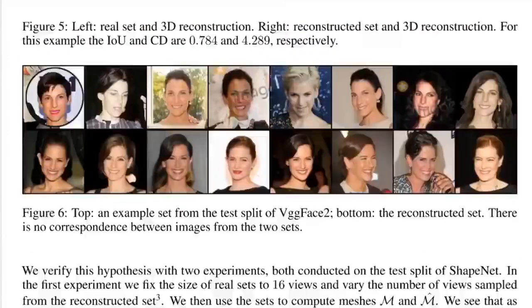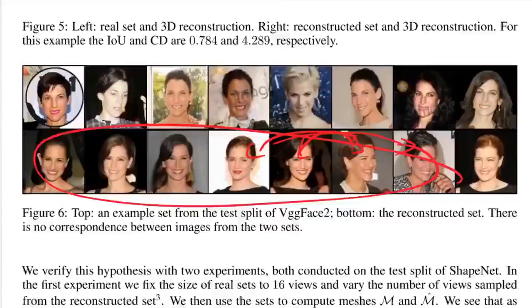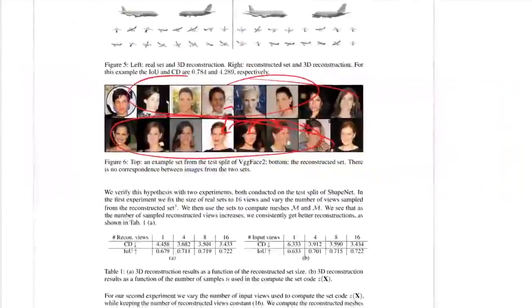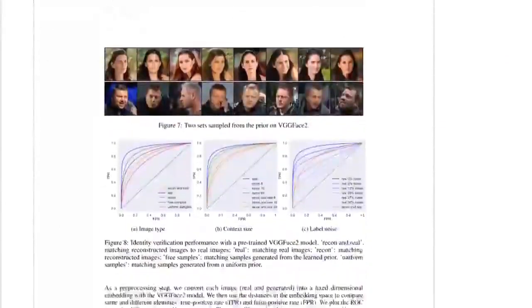You can evaluate, are these right here all the same people? You can have a face detector tell you whether or not these are the same people. And the second thing is, are these down here the same person as these up here, right? So those are the kinds of things you can evaluate.